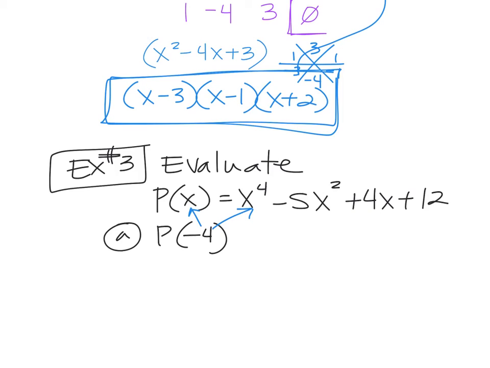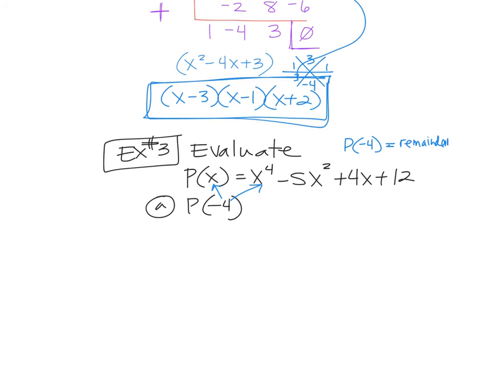The answer, just so you know, for instance, in this problem, P of -4, the answer you're looking for is your remainder. Because if you were to plug this -4 in here, your remainder in synthetic division is what it would come out to.